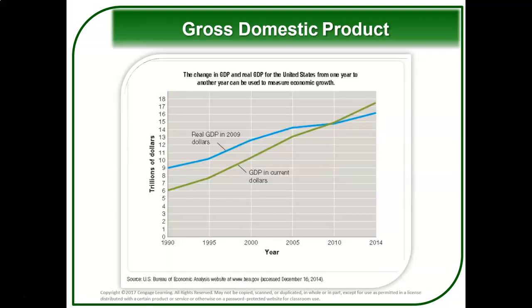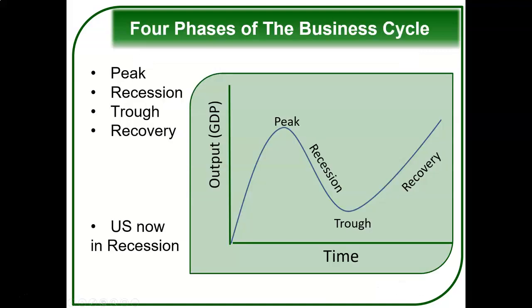Here is a chart on how the gross domestic product continues to grow. Our business cycle has 4 phases. We are right now in the recession phase. The stock market keeps teasing us with whether or not we're going into a recovery phase.